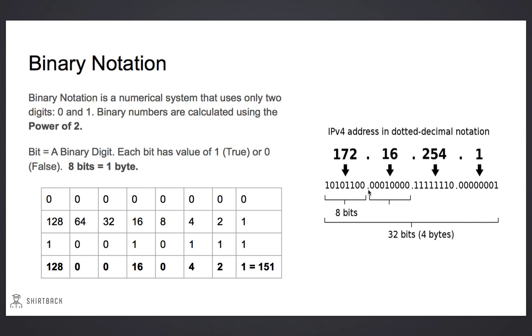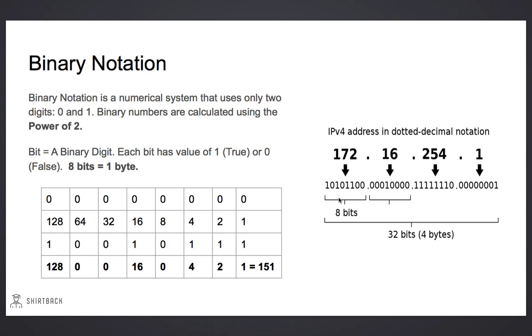Each segment is separated by a period. And above, there are different values. The values that you see are the calculation of the ones in the address bytes. The question is, how do we solve that? How do we get to those values? It's called the power of 2.